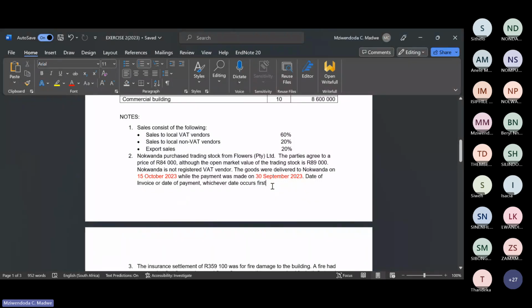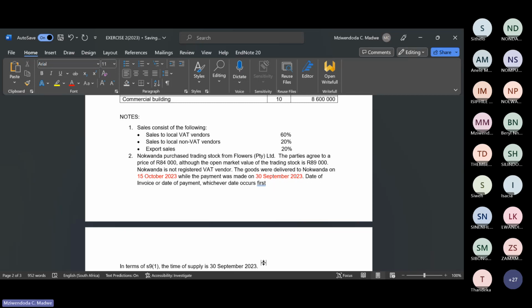So I will just write on the side: in terms of section 9, subsection 1, the time of supply is 30 September 2023.